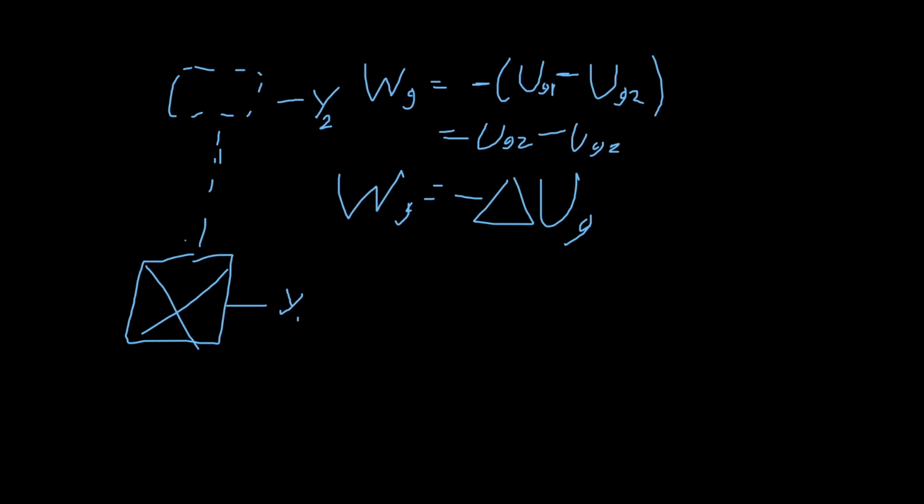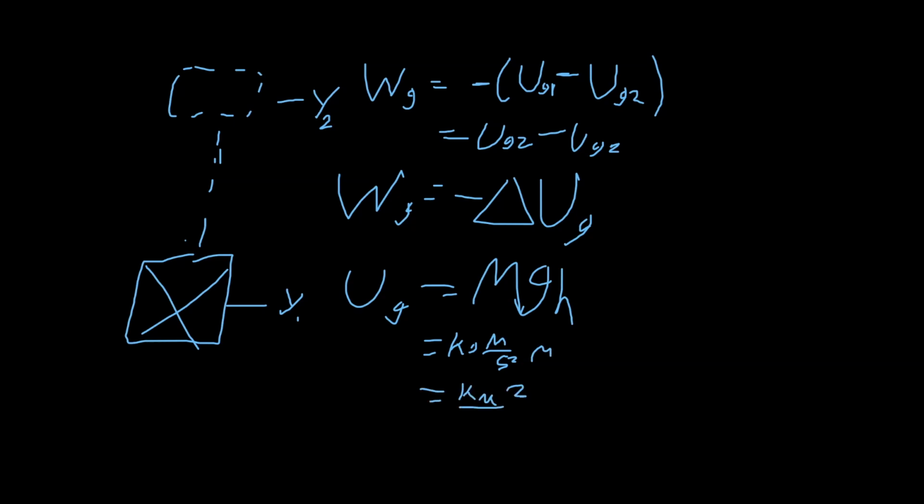Finally, since the potential energy is equal to mgh, we can see that the unit is measured in joules, and we'll show that here. So we have the potential energy UG is equal to mgh, which is really kilograms times meters over second squared times meters, which equals kilograms times meters squared over second squared, which is our familiar joules.